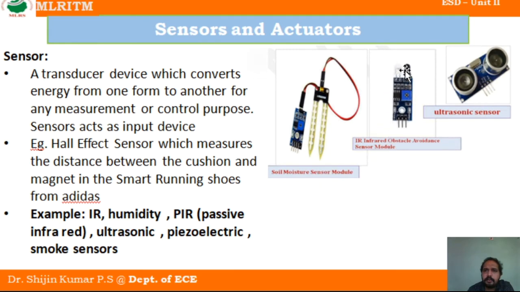Next is the infrared sensor, where you can see one transmitter and one receiver. Based on the transmitted and received signal, it detects whether any obstacle is present. Then there is the ultrasonic sensor. The principle is that it transmits ultrasonic rays and receives the ultrasonic signal, and based on that value it senses the distance. These are some examples of sensors.